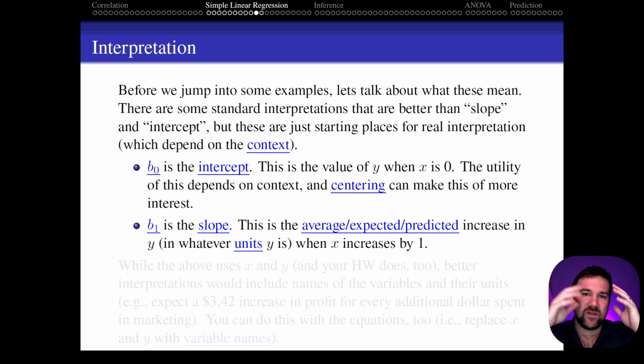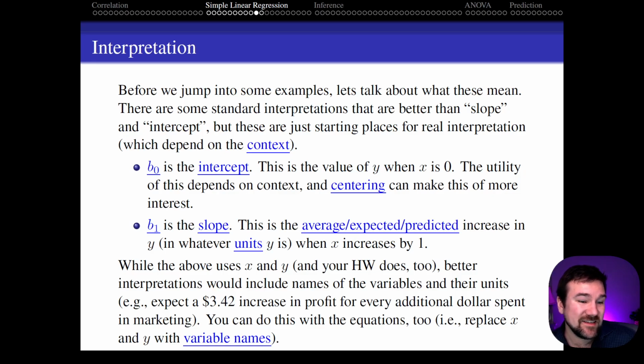This isn't for a couple of values. We find this for all of the data simultaneously and look at the average across all of the data values in our sample data set. That's why I say the average increase in Y when X goes up by 1. It's not talking about any individual case. It's talking about on average over the whole sample data set.